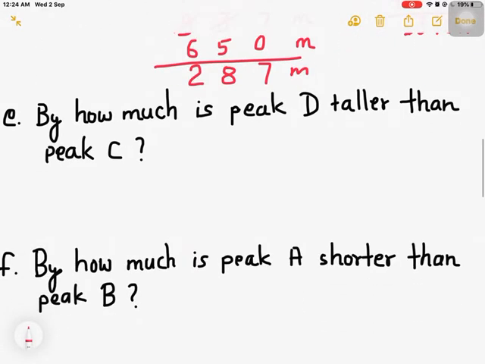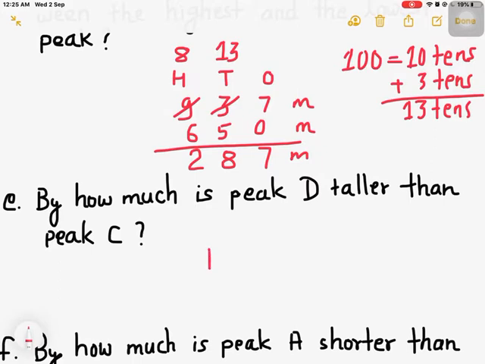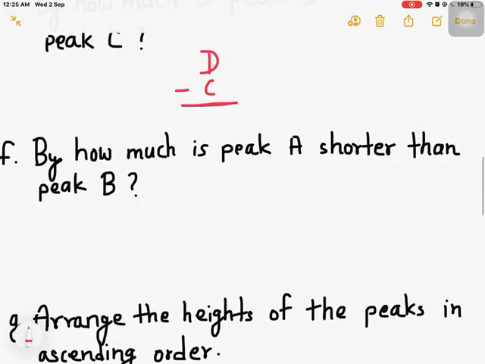By how much is peak D taller than peak C? Now you have to find out the difference between peak D and peak C, okay. D taller means D minus C. You can find out in this way. By how much is peak A shorter than peak B? A is shorter, so subtract A from B. You can find out here.